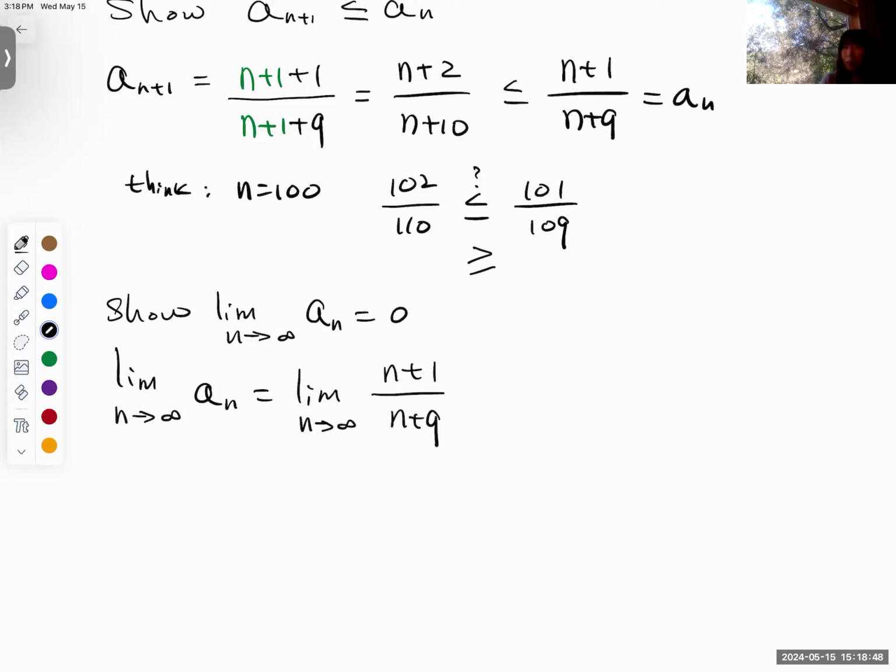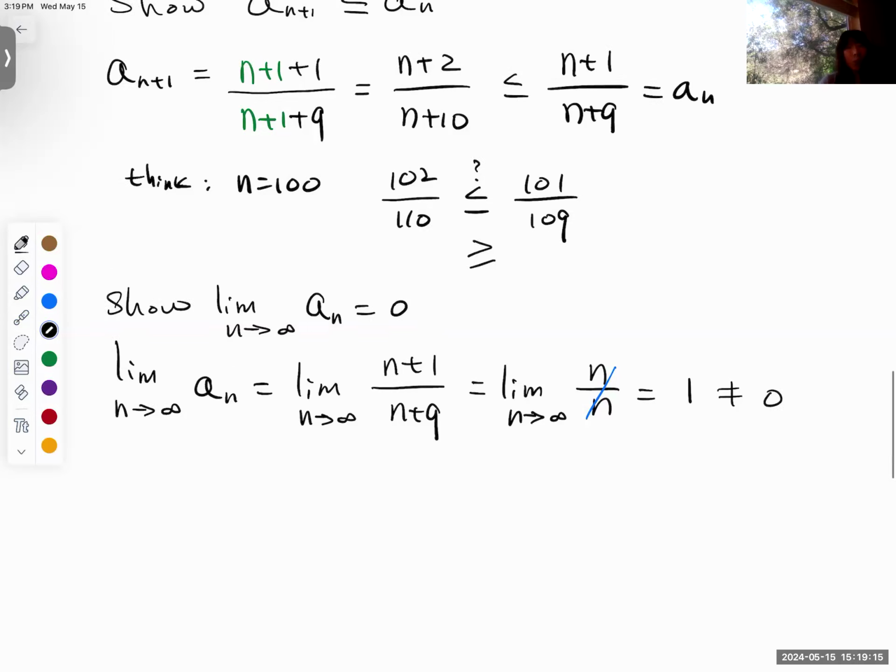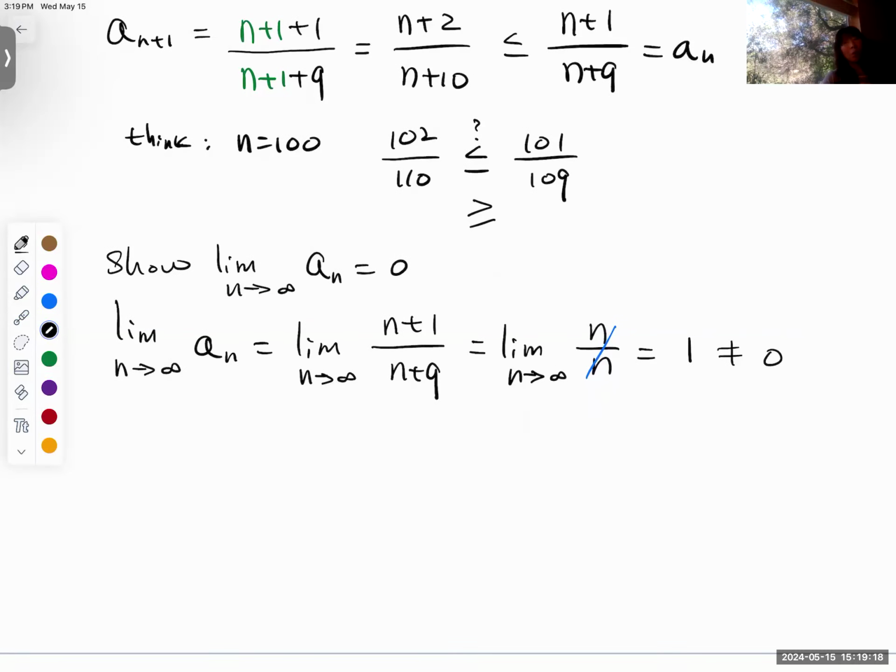We take the dominant term from numerator and denominator, so n over n, which is 1, right? But we have to show that it equals 0, and this is 1, so it is not equal to 0. So we cannot use the alternating series test, right?